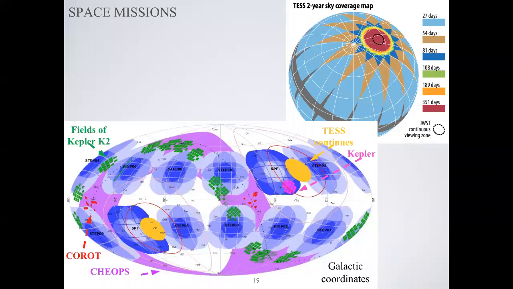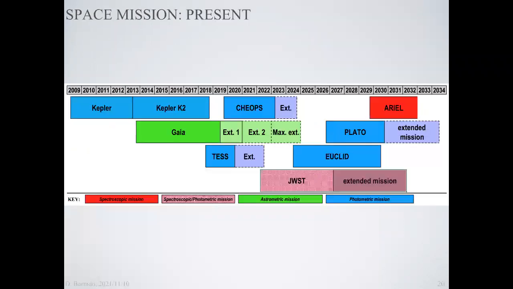But the important thing here is that the area of PLATO is going to be huge, and in principle it should be able to detect an Earth-like planet orbiting a solar-like star in an Earth-like orbit. So essentially, the goal is to detect Earth siblings beyond the solar system.